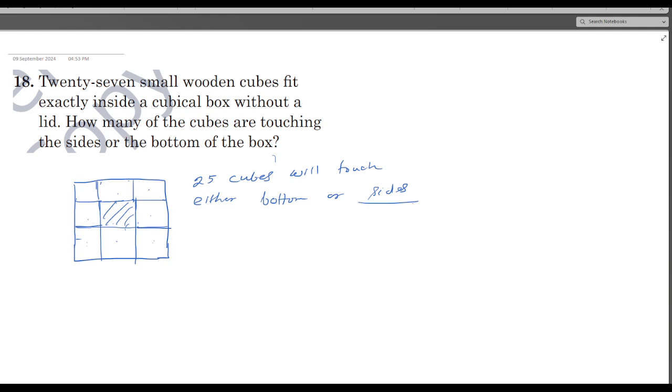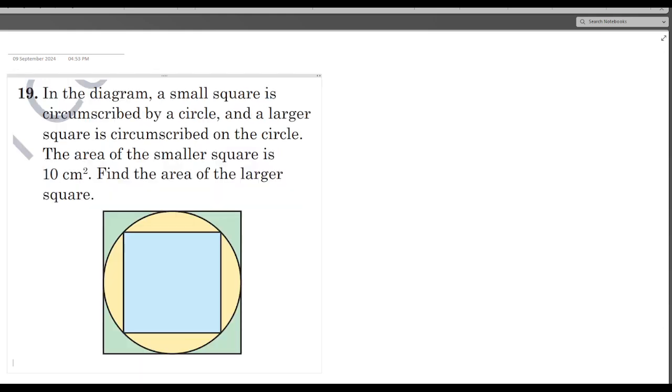Now question number 19. Let us see question number 19.